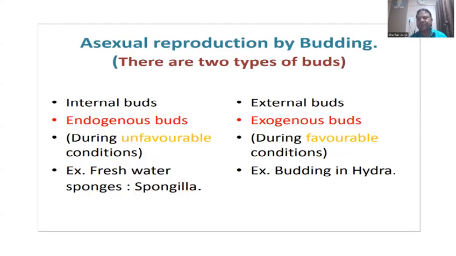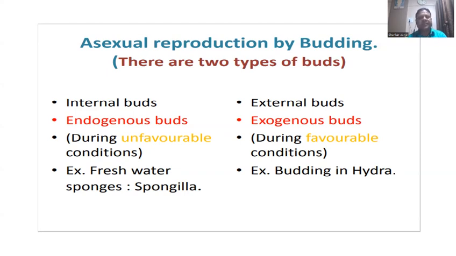Now we'll go ahead. Asexual reproduction by different methods. First we'll discuss budding. Budding is a process in which the organism's body shows an outgrowth, a very little one that we call a young bud. Afterward, that bud grows, becomes a growing bud, then a mature bud, and the bud gets cut off.